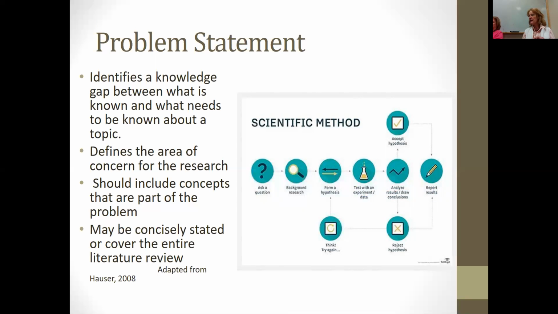So are there various aspects of the problem that you need to be measuring? And what would it look like if this got better? What are the things that make up the problem? And it usually needs a little refining, but you should be able to come to a pretty concise statement that covers what you found in the literature.